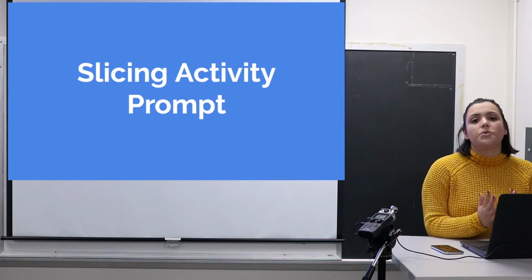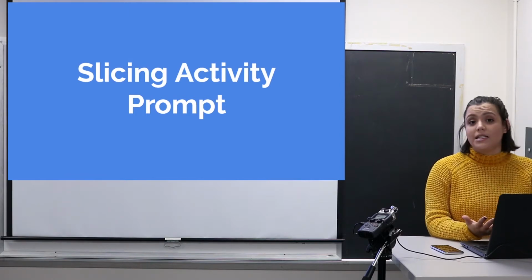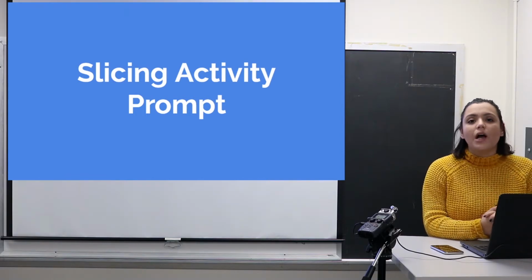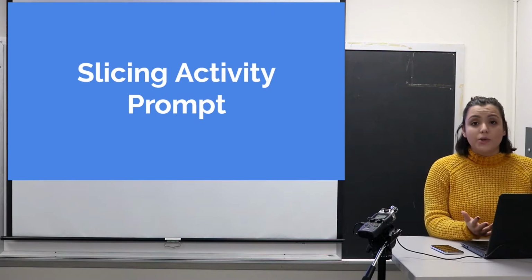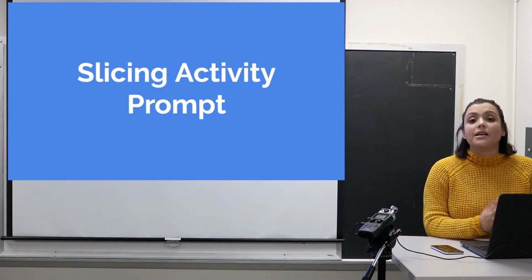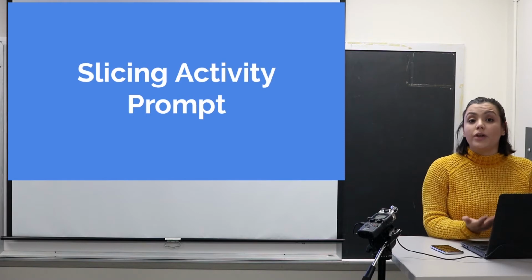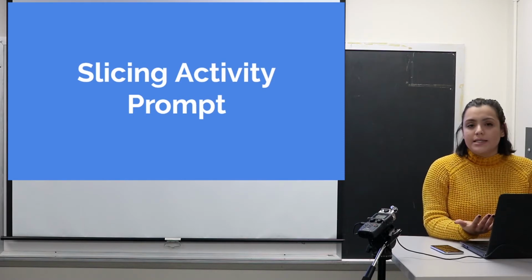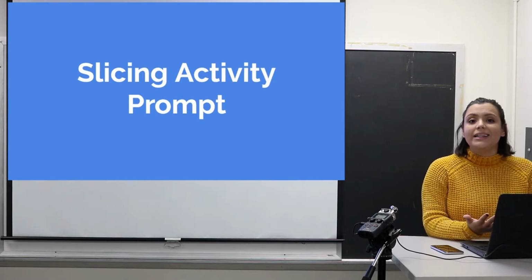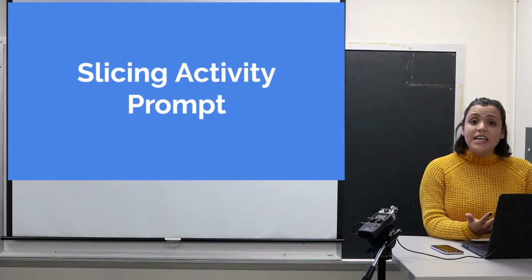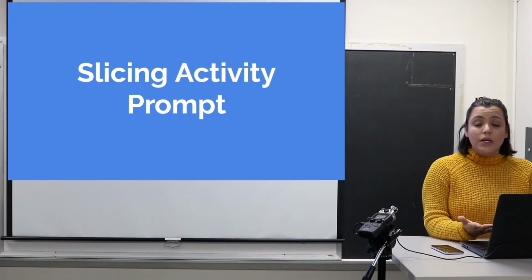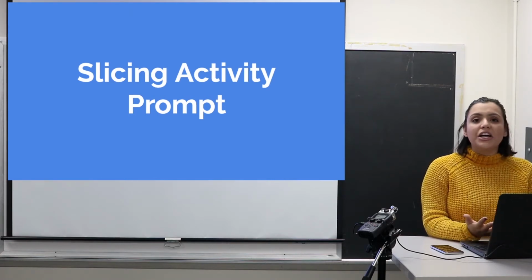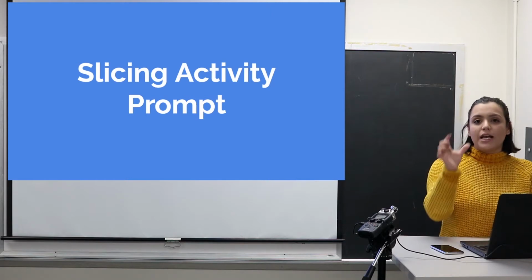And on Canvas, you will notice that there is a slicing activity prompt. So last time I saw you at cohort, unfortunately, we were not able to get through this, but there is a very detailed activity prompt that you can read through. And essentially, slicing is just taking that design that you make for week 17 into Adobe Photoshop or Illustrator and just kind of cutting sections out of it.